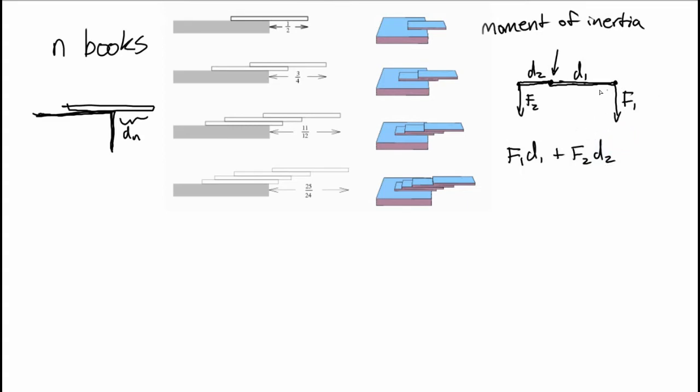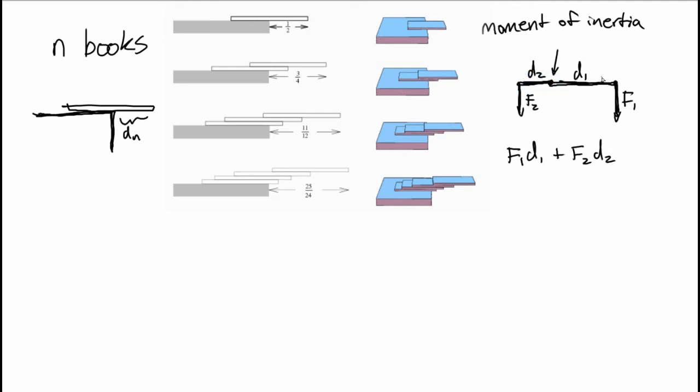But wait, actually, it's not quite that, because these forces are acting in opposition to each other. When this force pushes on here, the lever arm wants to move this way, but this force is moving in the opposite direction, preventing the arm from moving that way, if this is a solid arm and this is a pivot.